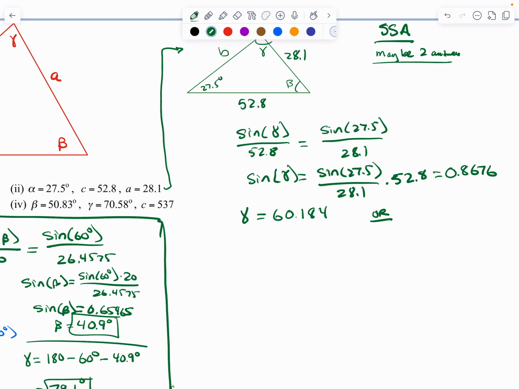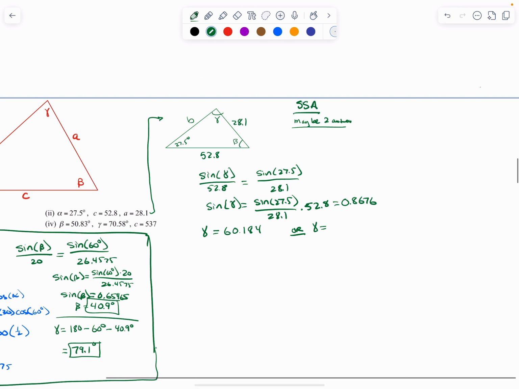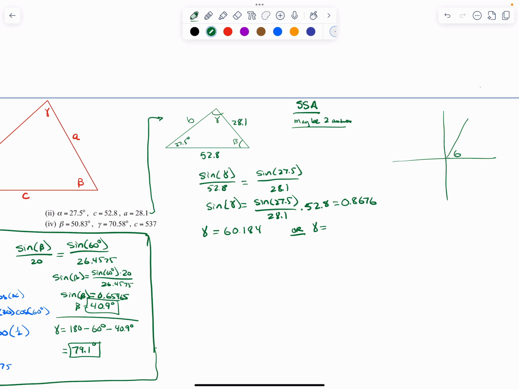Or gamma is equal to the other angle. So here we have 60.184. So that's one of the possible angles. The other possible angle is this obtuse angle that has 60.184 as its reference angle, and that's going to be 180 minus this.